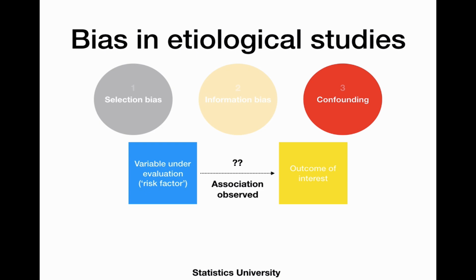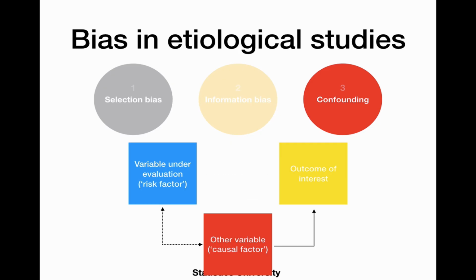And confounding, of course, is a huge problem in etiological studies, where we are not actually measuring the association between the variable under evaluation or risk factor and the outcome of interest, but we are measuring the association with another variable that might even be a causal factor that is related to the outcome of interest.